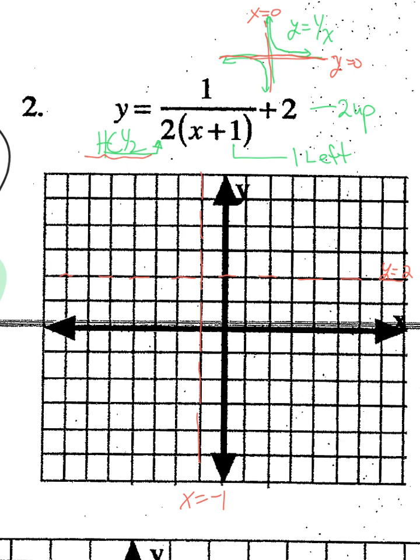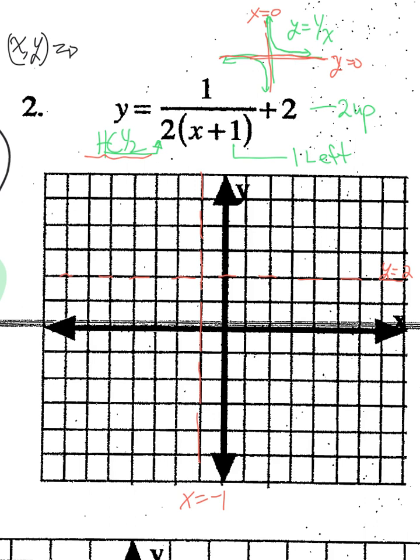And then you should be expecting this to look kind of the same as the original function with that horizontal compression of a half. Let's do the mapping and look at what happens to any point (x, y) on the original function.